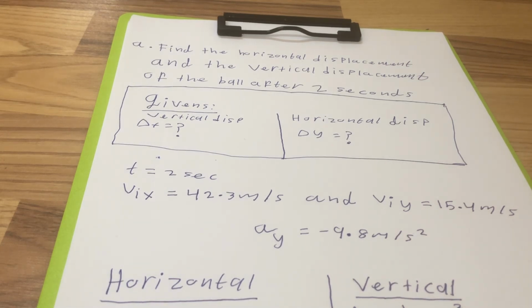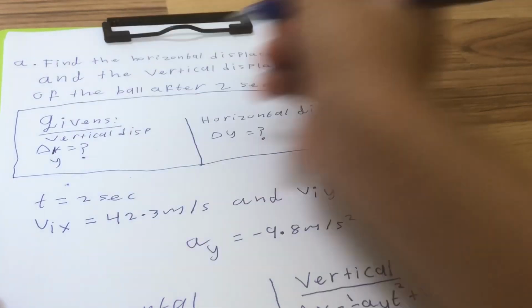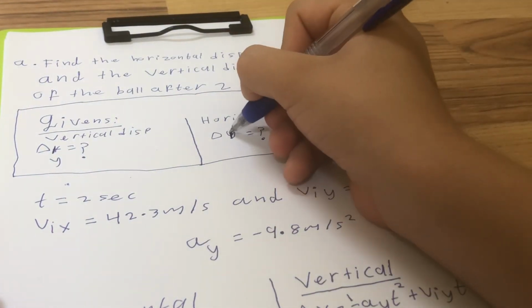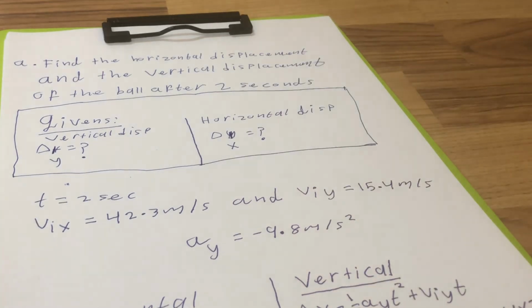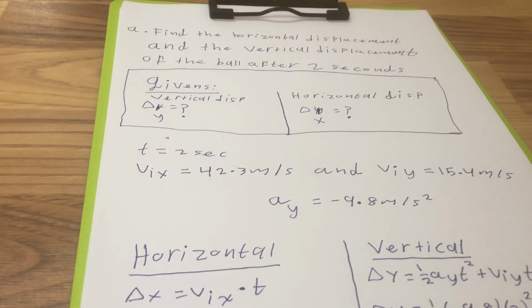For the horizontal displacement, we use delta x, and for the vertical displacement, we use delta y. So here I must put y, here x. Very sorry. Anyway, the givens are the vertical displacement and the horizontal displacement.